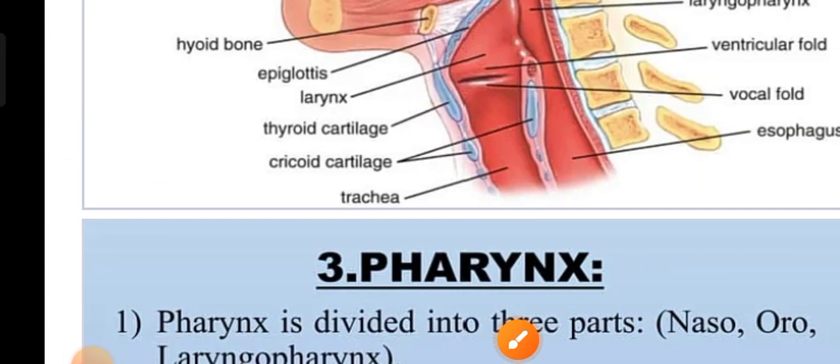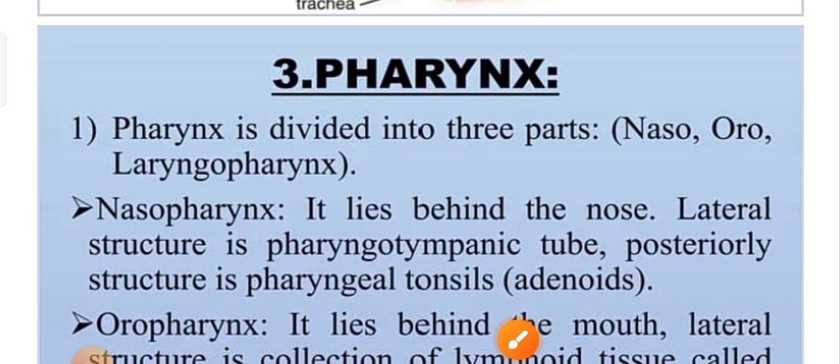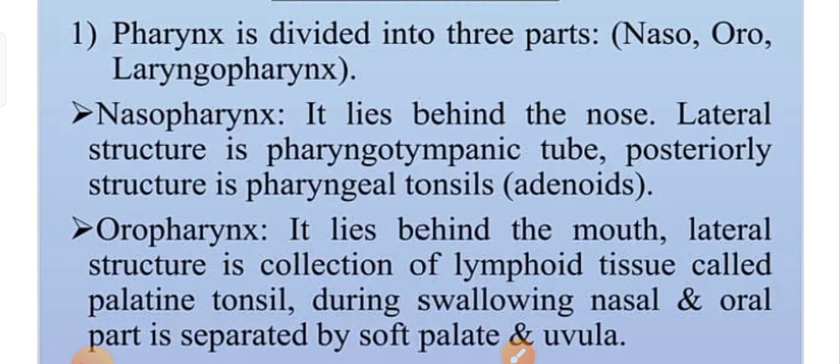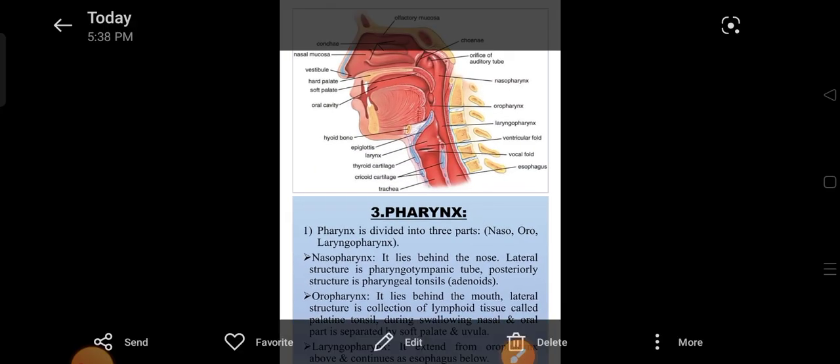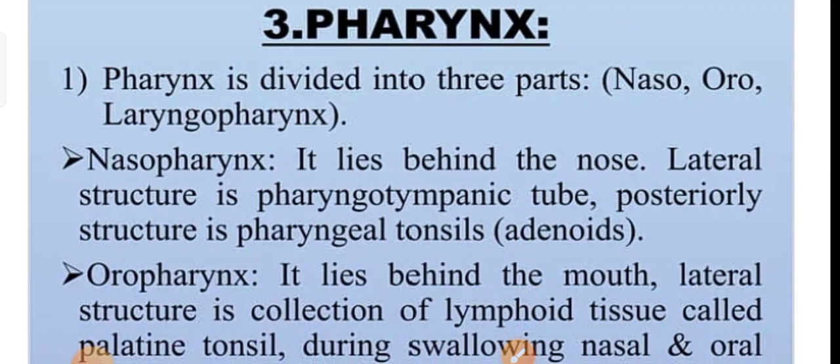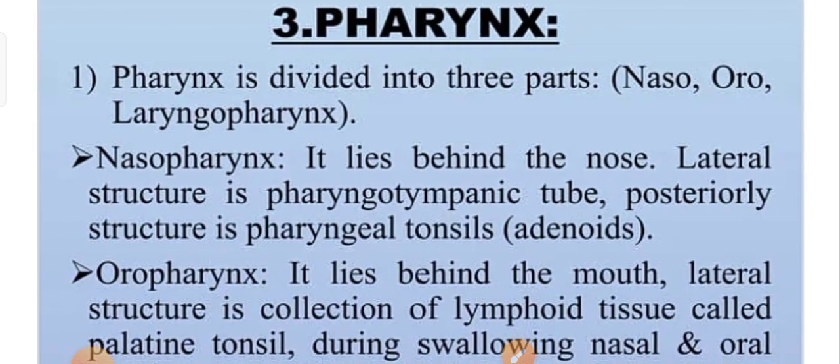The pharynx is divided into three parts. First is the nasopharynx, then the oropharynx, and the laryngopharynx. The nasopharynx lies behind the nose. Its lateral structure is the pharyngotympanic tube. Posteriorly, the structures are the pharyngeal tonsils, the adenoids, behind the nose. Always, the nasopharynx lies behind the nose.